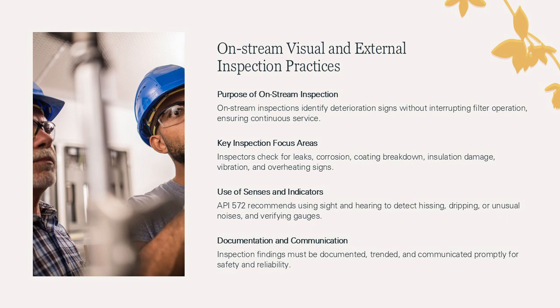API 572 emphasizes the importance of using all senses, including sight and hearing, to detect abnormal conditions such as hissing, dripping, or unusual noise. On-stream inspections should also verify that pressure and temperature indicators are functioning and within design limits. Findings must be documented, trended over time, and communicated promptly if they indicate an immediate safety or reliability concern.